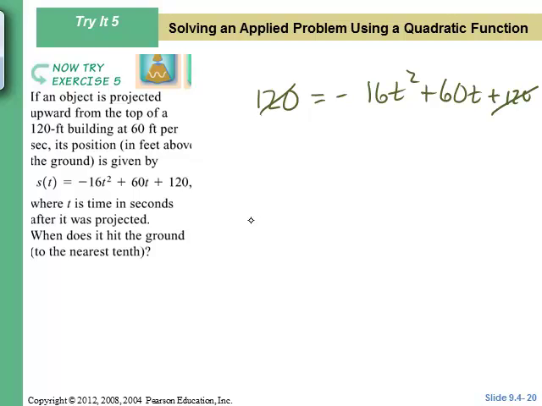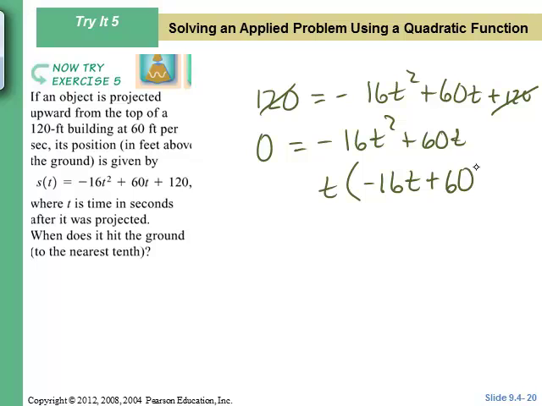Subtract 120 from both sides, and you get 0 equals negative 16t squared plus 60t. Factor out a t. You have t times negative 16t plus 60.